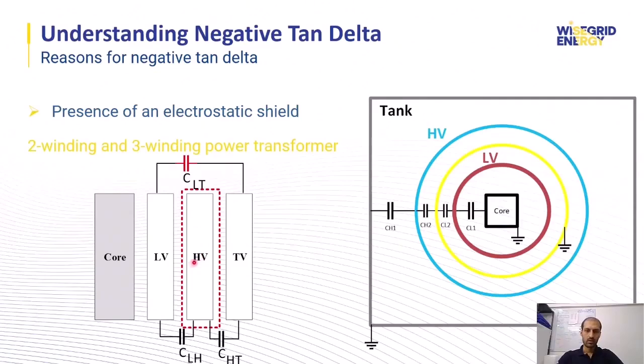So, if we want to measure CLT, there would be just a stray capacitance between HV and tertiary winding, and in this case also we will get a wrong value, maybe negative or high positive tan delta value, and also it's not necessary to evaluate the condition of the CLT capacitor in this case.